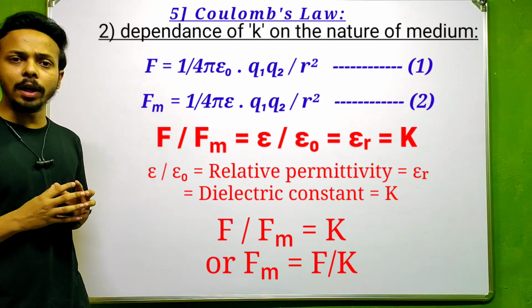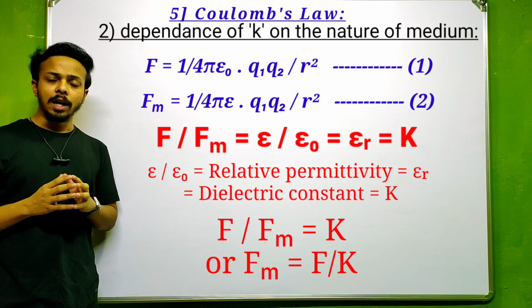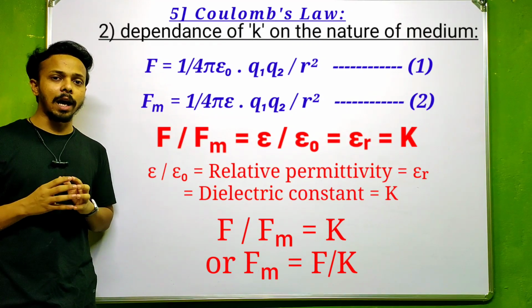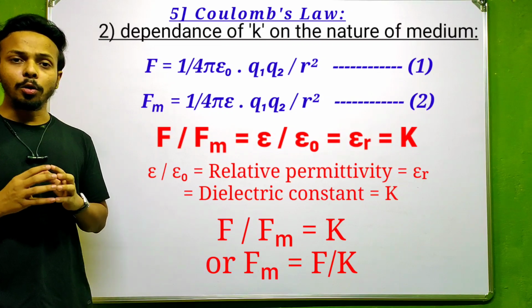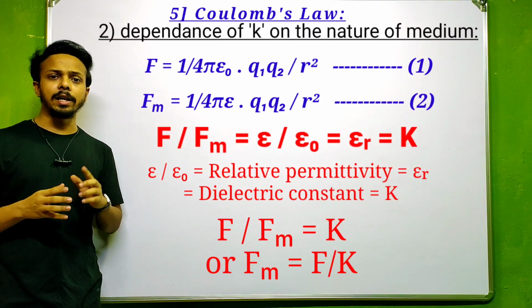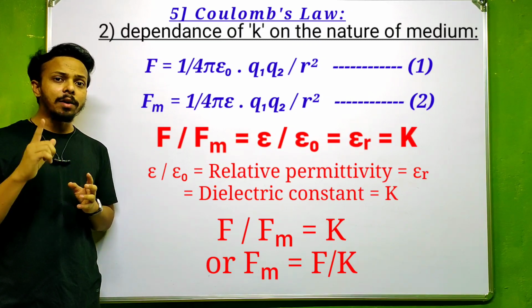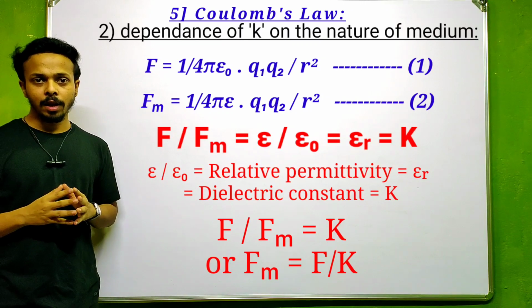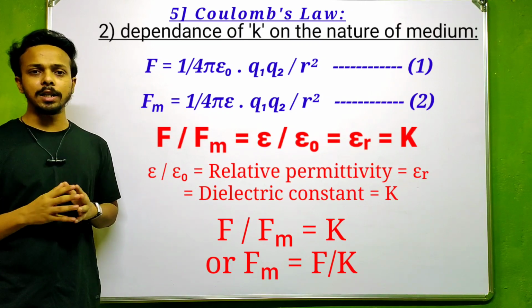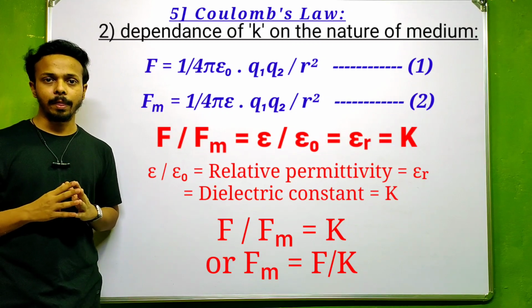It is clear from this equation, Fm is equal to F by K, that the force between two stationary point charges separated by a certain distance in an insulating medium is equal to 1 divided by K times the force between the same two charges separated by the same distance in free space.